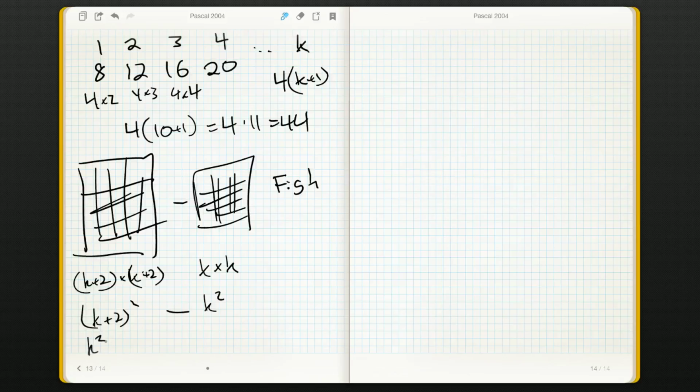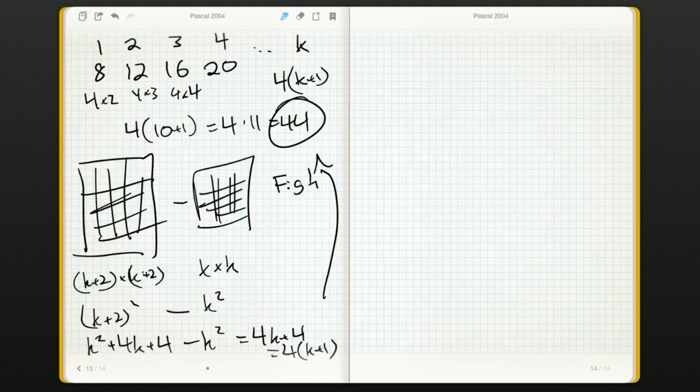And so this is k squared plus 4k plus 4 minus k squared. So that's going to be 4k plus 4. Or hey, look at that, we've got 4 times k plus 1 again. And so that would go and give us 44 again. So there's two ways we can get 44.